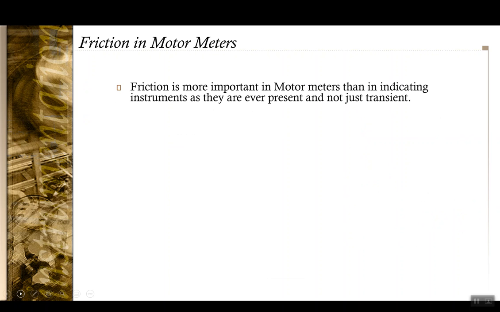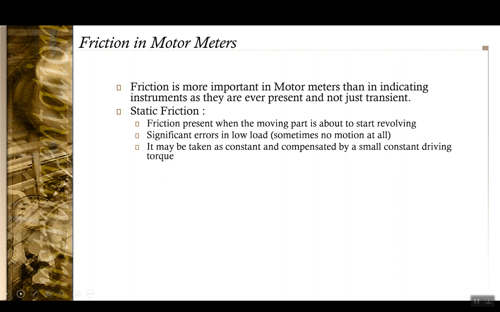Another very important aspect encountered in motor meters is friction, because contrary to indicating instruments, in motor meters the friction is ever present. So it has to be taken a little more seriously. Friction can occur in two types. One is static friction, that is friction present when the moving part is about to start revolving. So we are basically talking about very light load or low load conditions.